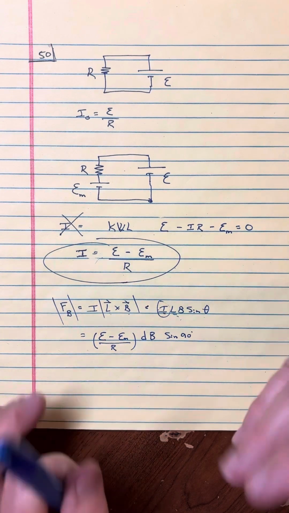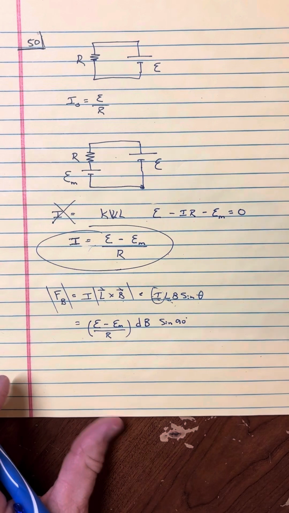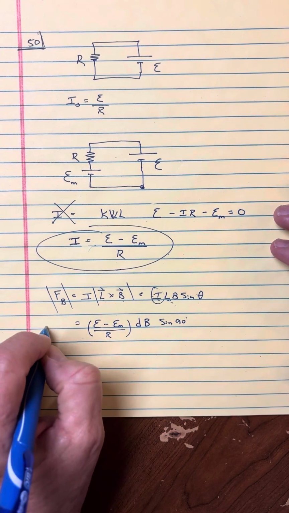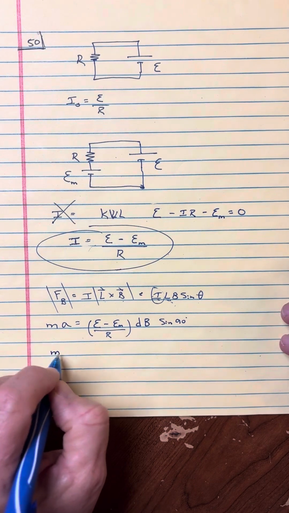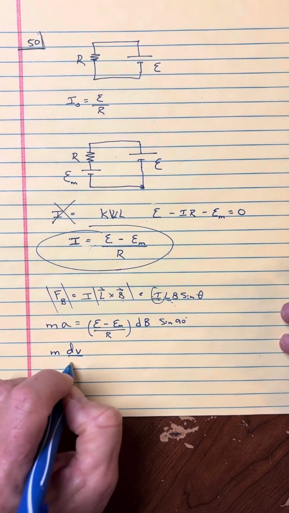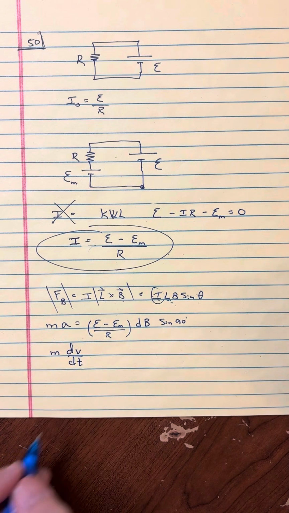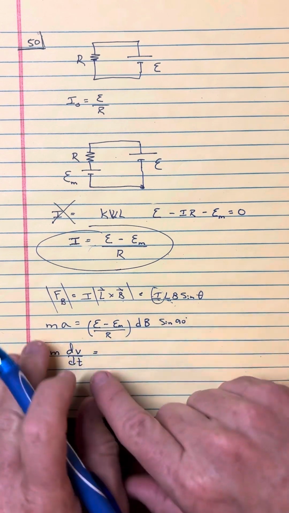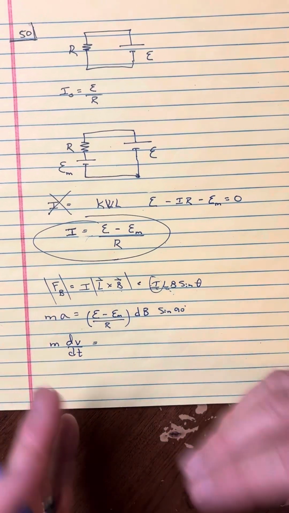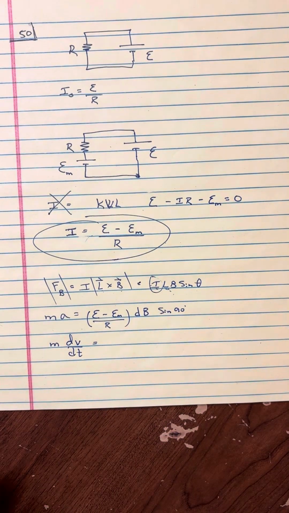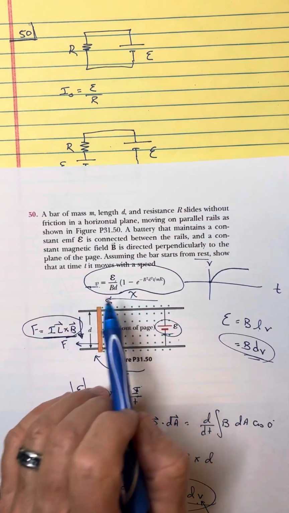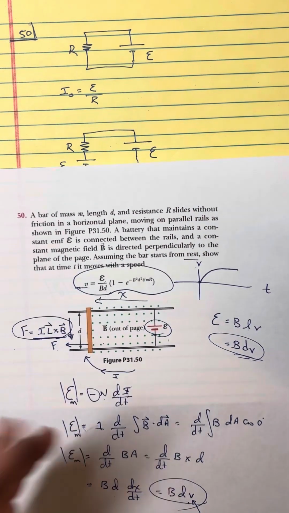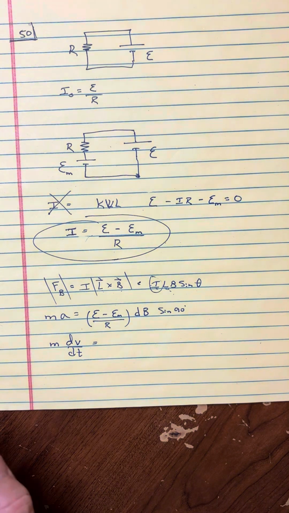Now, let's go way back to chapter 5, because Newton's second law says the force must equal ma. And a, of course, is the derivative of the velocity. And that's how I'm going to get an equation that has velocity in it, which hopefully I can solve for velocity and come up with what they're asking for: show that the velocity follows this particular pattern.